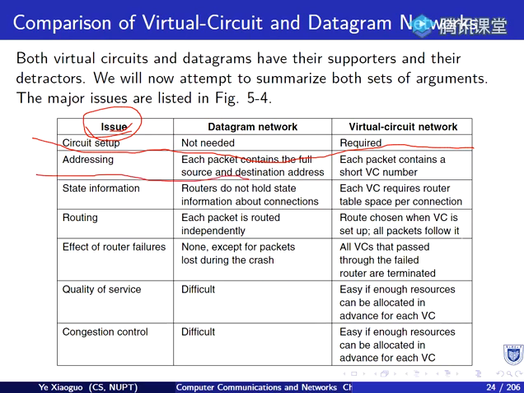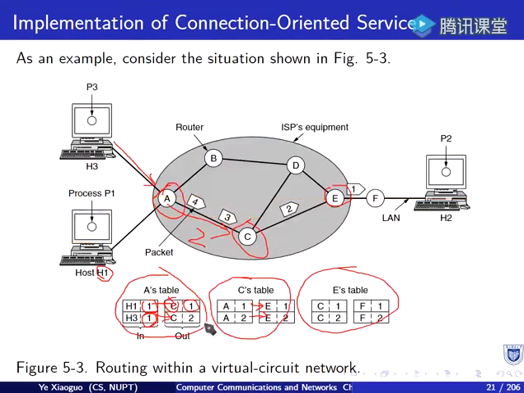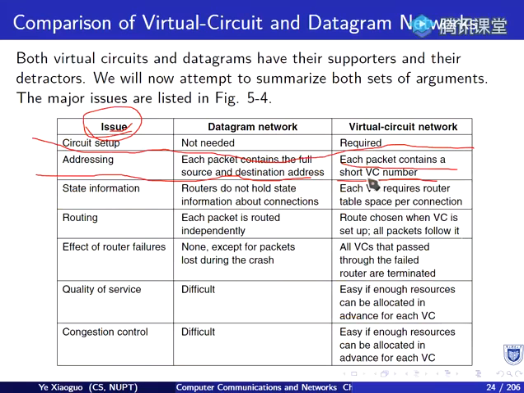Addressing: for a datagram network, each packet contains the full source and destination addresses. For a virtual circuit network, each packet contains a short VC number, like 1, 2, 3, this kind of number.